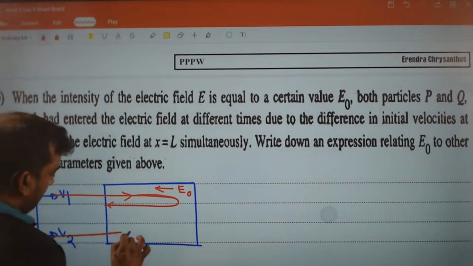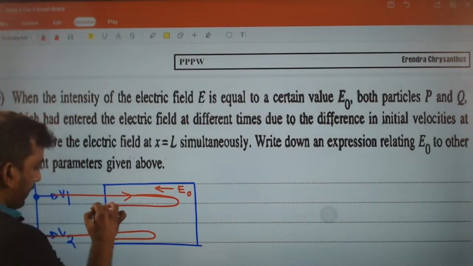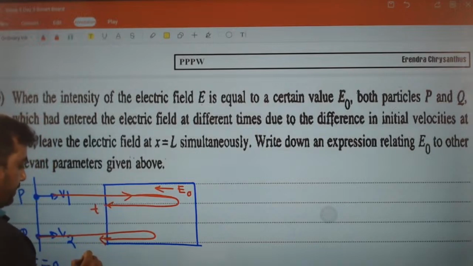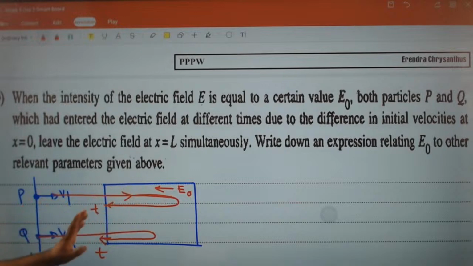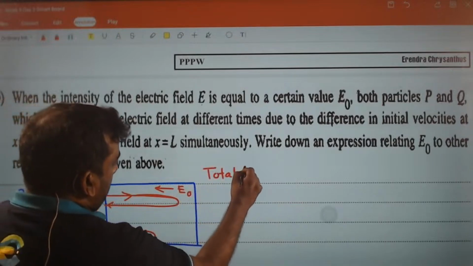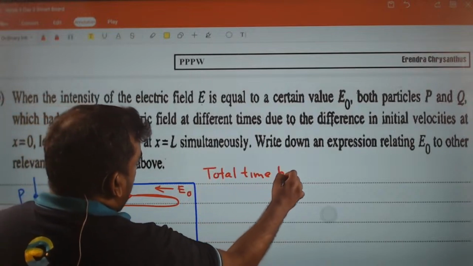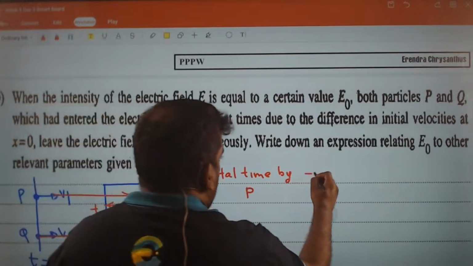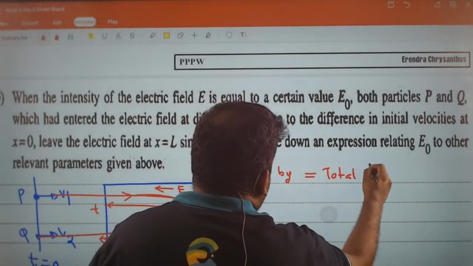This will also enter at a different time, go and come here. When they are coming out, they come together. So total time taken is same. So total time by P equals total time by Q.